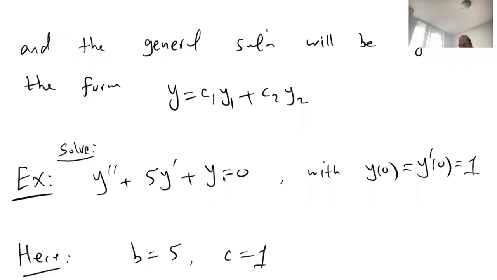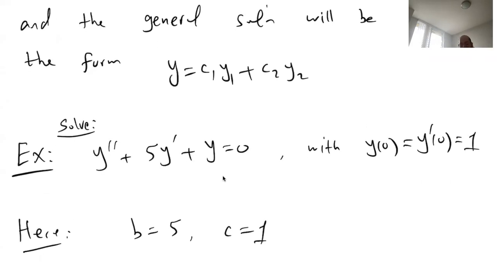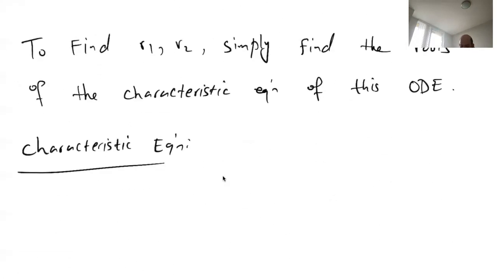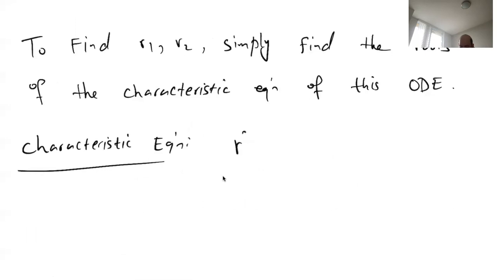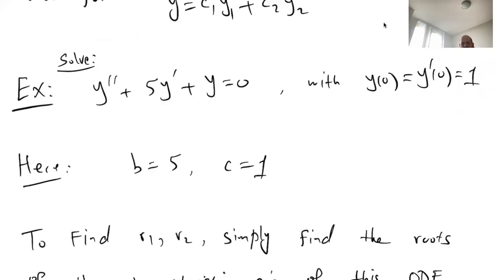And zeroth derivative means we use power 0, which is r to power 0, which is 1. So then we will get r squared plus 5r plus 1 equals 0.